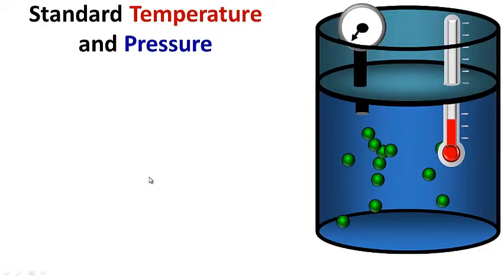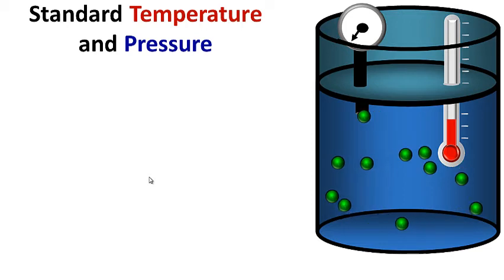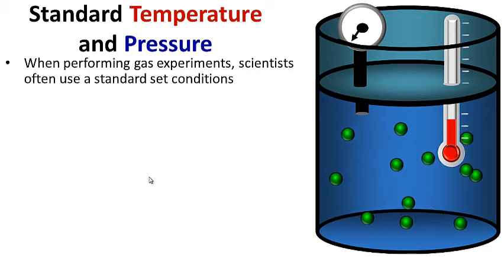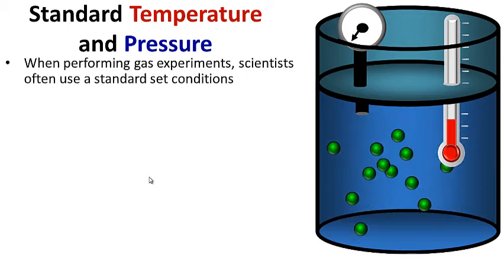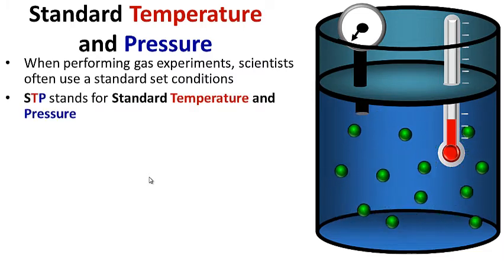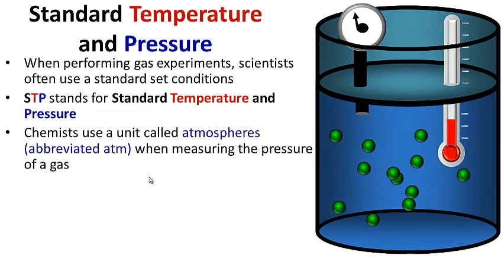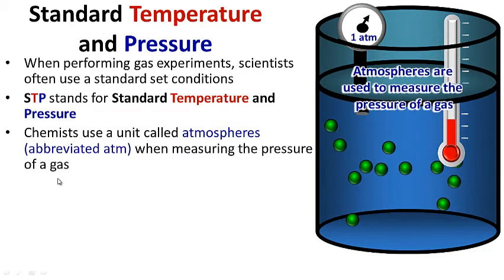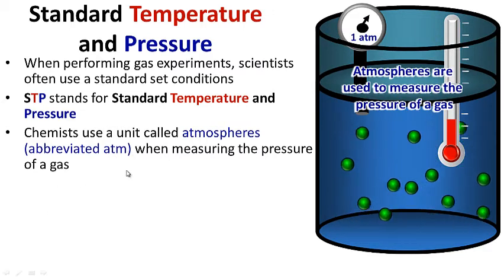So, standard temperature and pressure. When performing gas experiments, scientists often use a standard set of conditions. STP stands for standard temperature and pressure. Chemists use a unit called atmospheres, abbreviated ATM, when measuring the pressure of a gas.